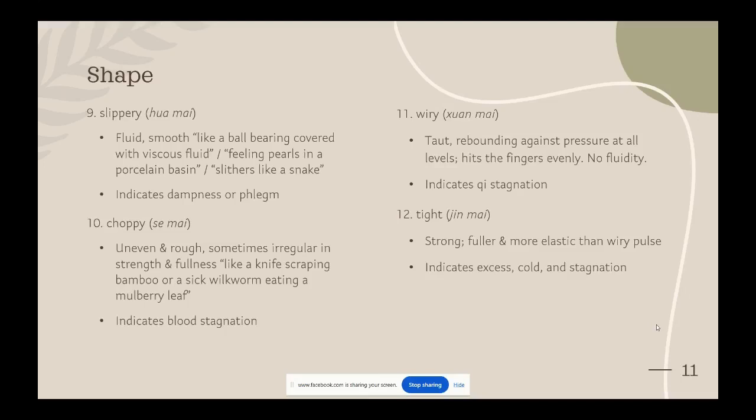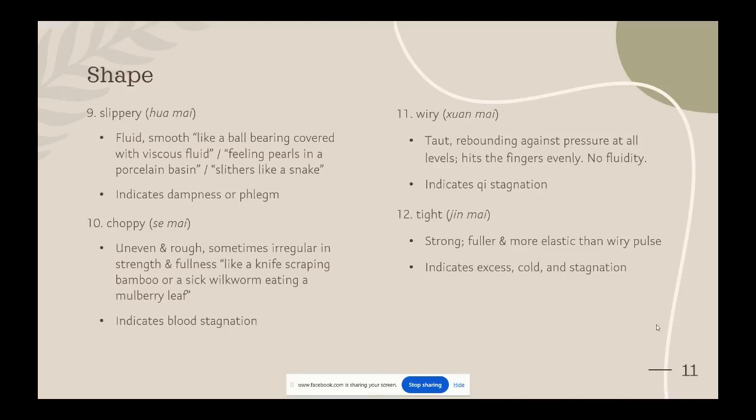And then the choppy pulse. So we were describing that before in a number of different ways. Some say it feels like leaves and twigs, or like rocks in a river that's run kind of dry, or in the classics it says like a knife scraping bamboo, or a sick silkworm eating a mulberry leaf. You can get very imaginative with these descriptions.